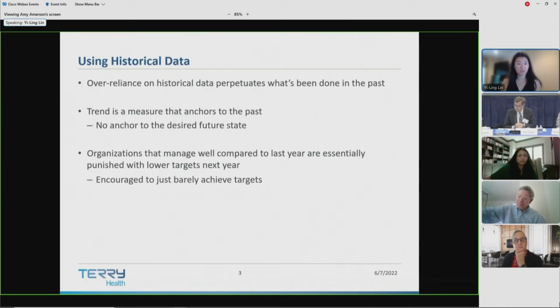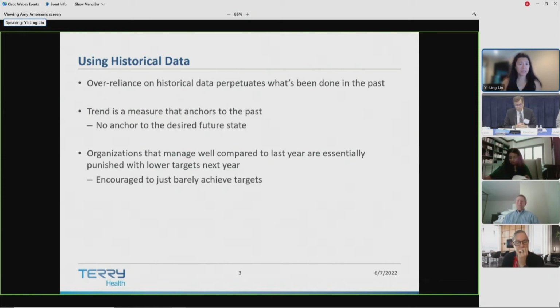We really need to determine what we believe utilization of healthcare services and costs in the future should be, a dollar amount, and then put a plan together to get from point A, where we are now, to where we think we should be, not always anchoring to where we are or where we have been.